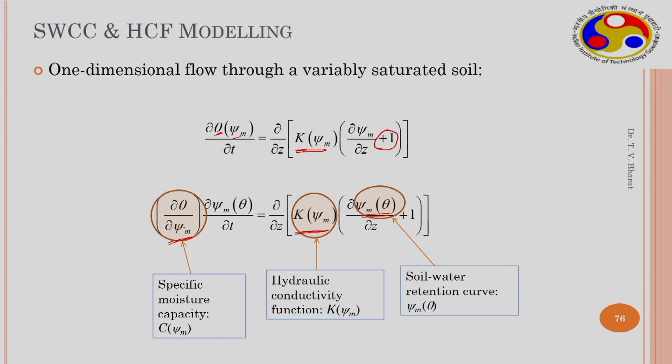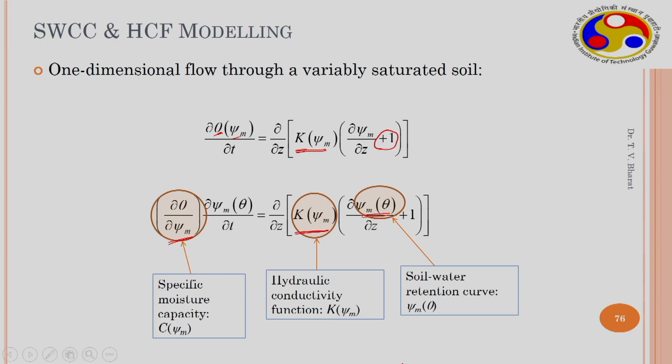In the Brooks-Corey method, ∂θ/∂ψ is not valid at the air entry value, because at that point there is a very sharp inflection. Therefore we require very smooth functions like the hydraulic conductivity function and SWCCs to solve this equation to get θ, the volumetric water content, as a function of space and time.